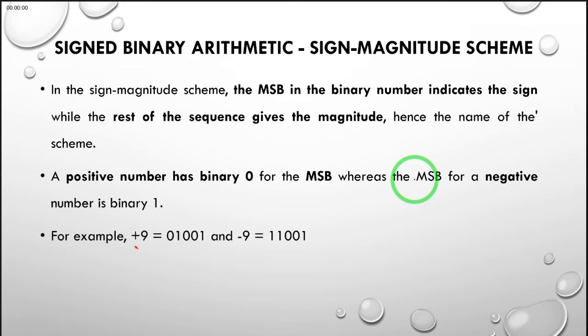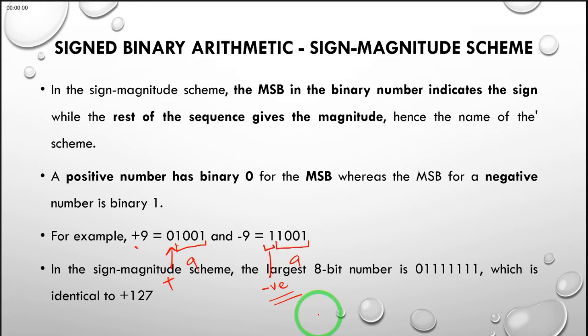For example, we have a 9: it may be positive or negative. These 4 digits represent decimal 9, and this most significant bit shows that it is a positive 9. In a similar manner, the 4 digits represent 9, but this bit represents a negative sign.